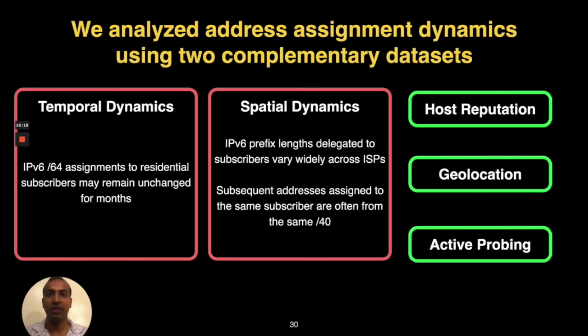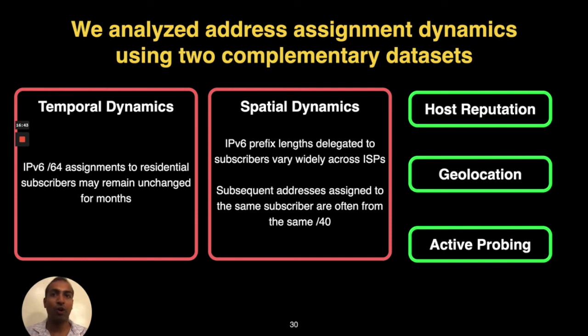So in this work, we empirically analyzed address assignment dynamics using 2 complementary datasets. Our analysis of temporal dynamics revealed that IPv6 /64 assignments to residential subscribers may remain unchanged for months and sometimes even years. Our analysis of spatial dynamics show that IPv6 prefix lengths delegated to subscribers can vary considerably across ISPs.